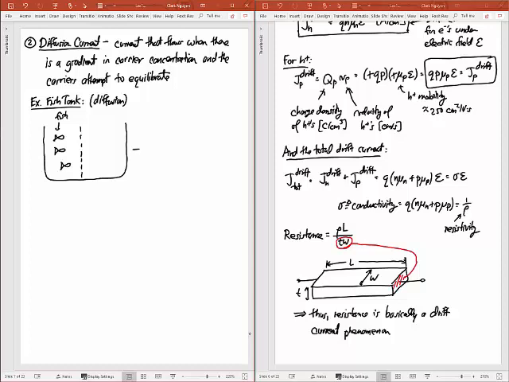If I remove the barrier, then you know what's going to happen. Those fish are just going to move around, and they're going to be basically at the same concentration throughout the tank, right? They're going to move to equilibrate so that not all of them are on one side.